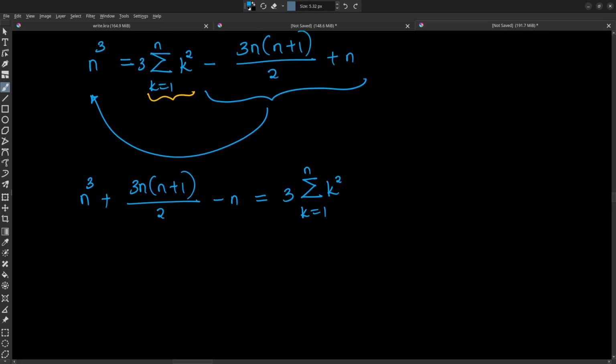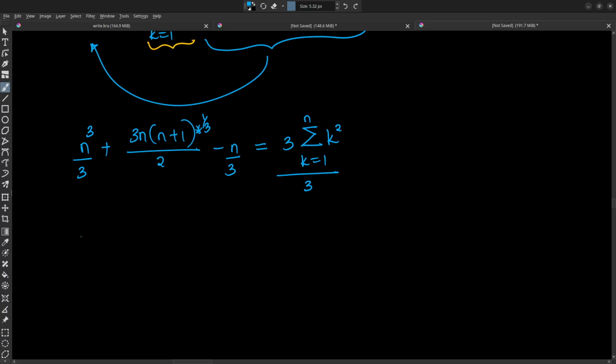Now, since our interest is simply the summation of k squared, let's remove this 3 by dividing each of these terms by 3. Dividing by 3 is simply the same as multiplying by a third.